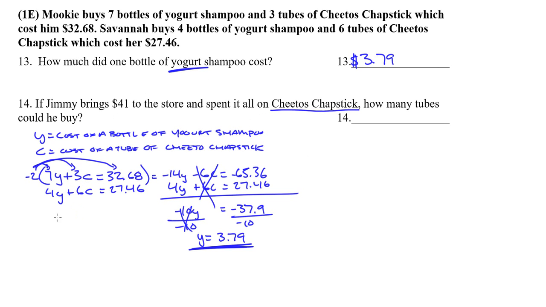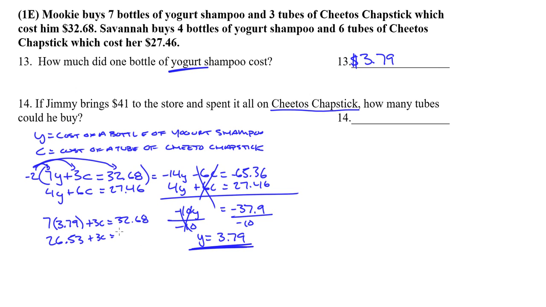It doesn't matter. Either one would work just fine. So 7 times 3.79 plus 3C equals 32.68.